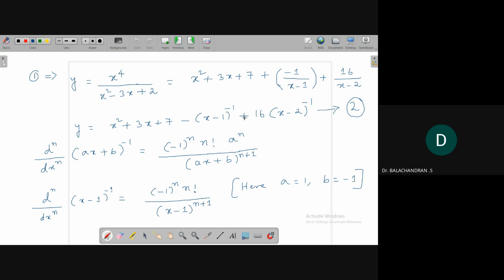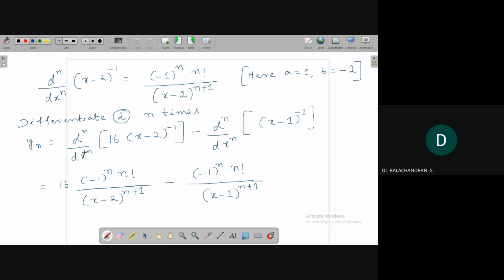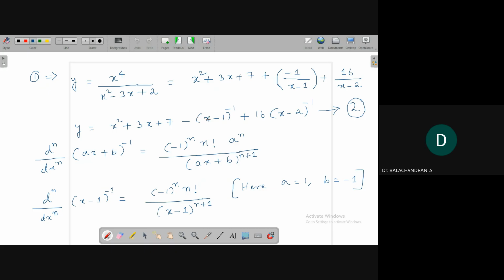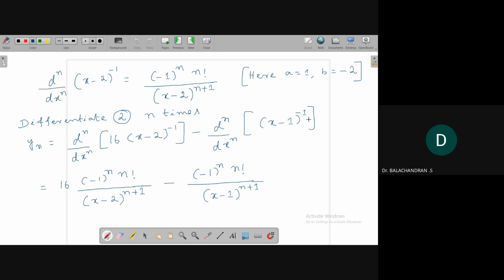First I will write the plus term and then the minus term. So nth derivative of 16 into (x minus 2) whole power minus 1, and then minus nth derivative of (x minus 1) whole power minus 1.